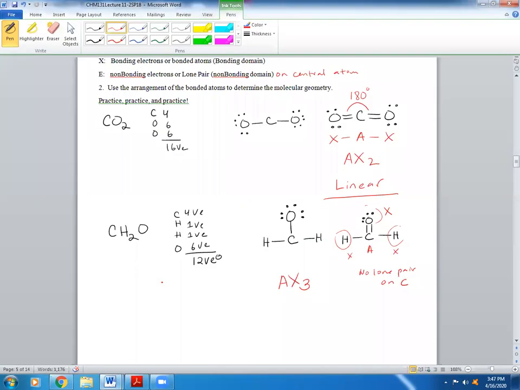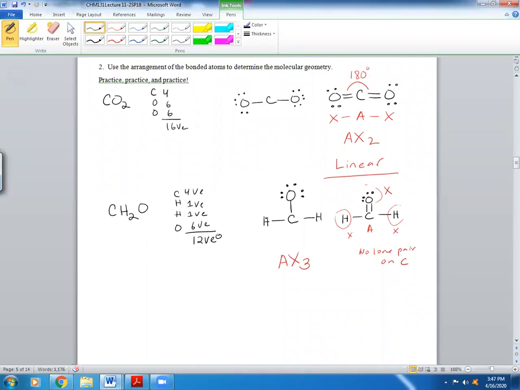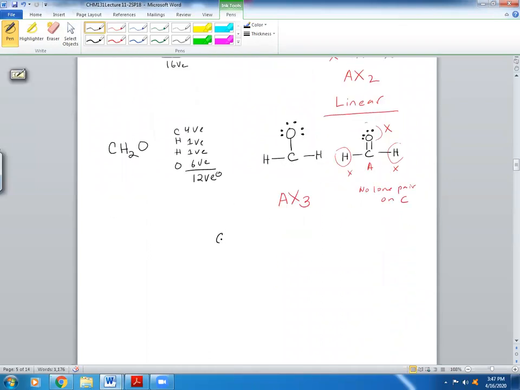So let's redraw this. It looks like this at a 120-degree angle. All of these are 120 degrees, and that's called trigonal planar.